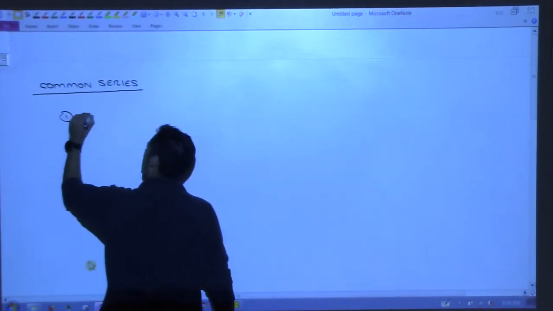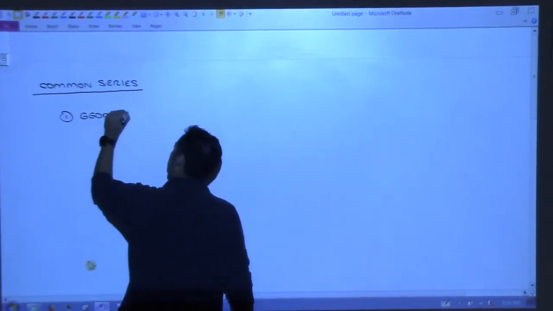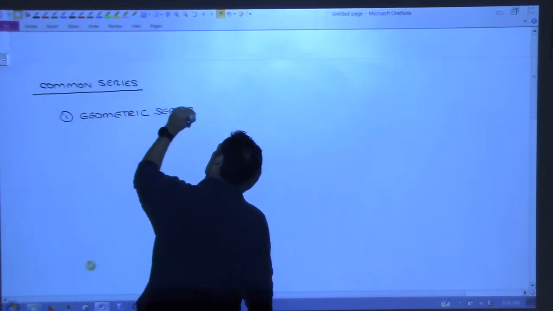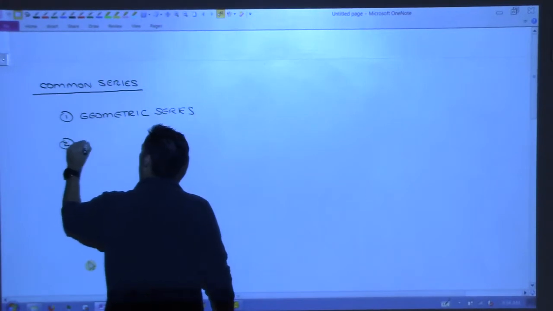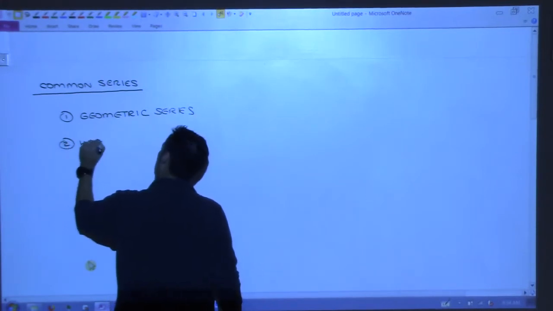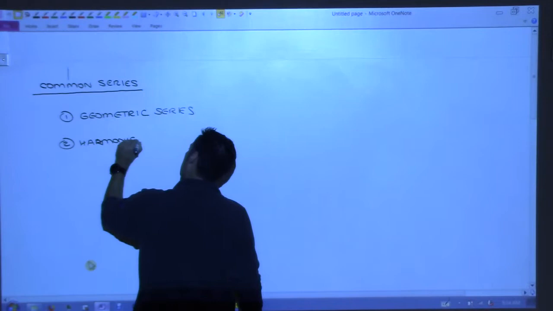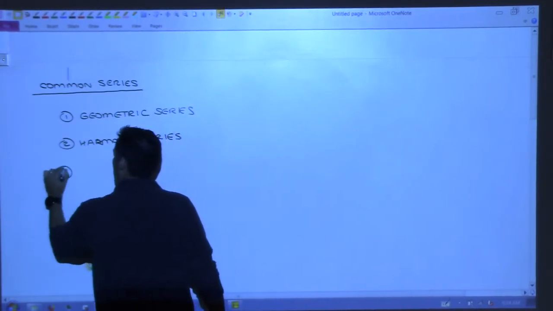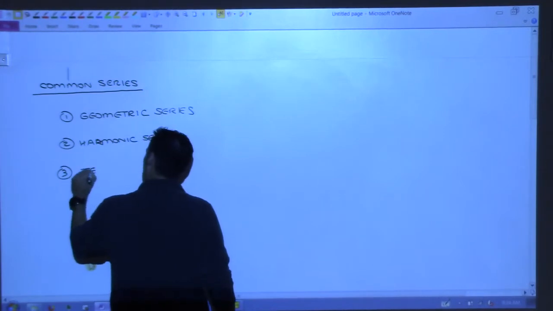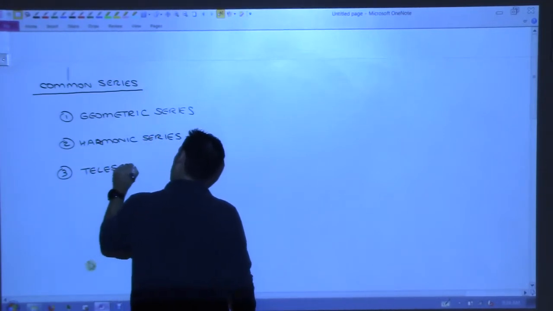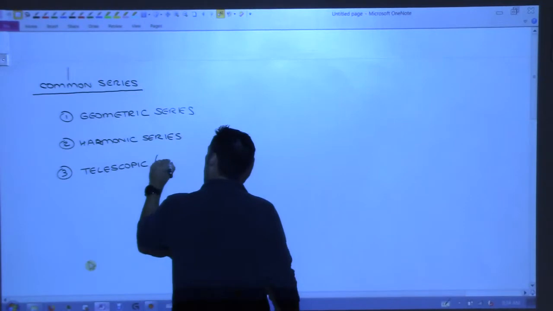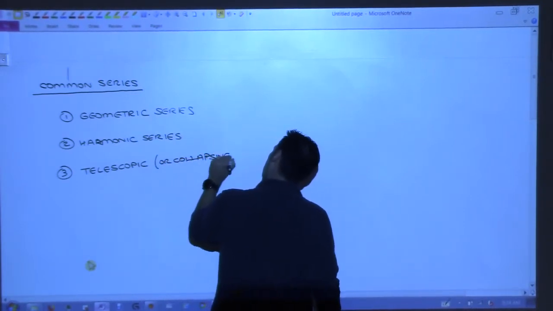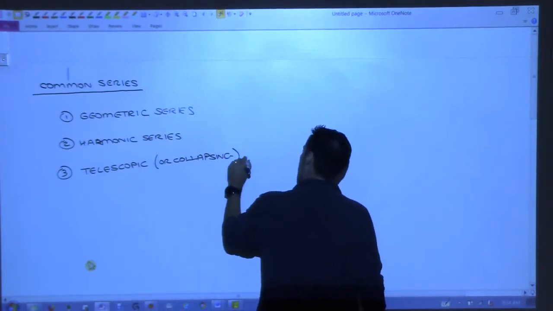The first one is called geometric series. The next one is called a harmonic series. And finally, in this section, we will look at what are called telescopic or collapsing series.